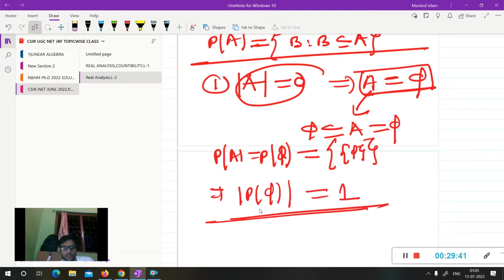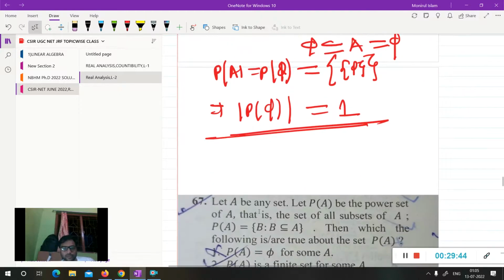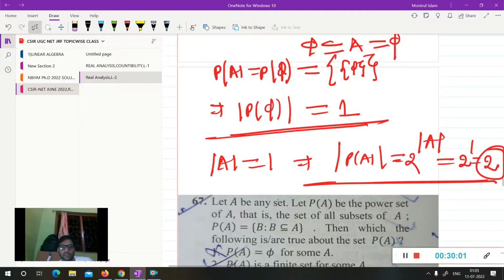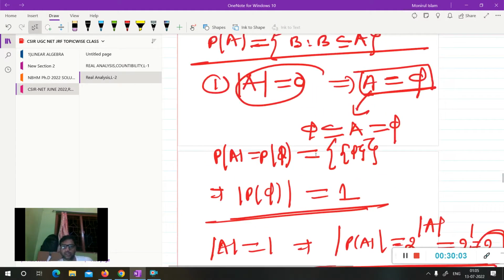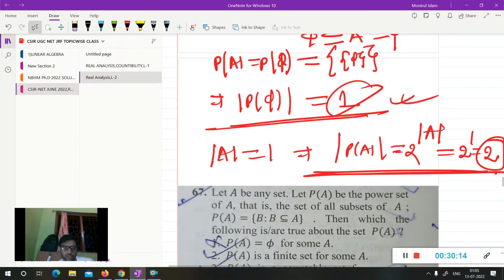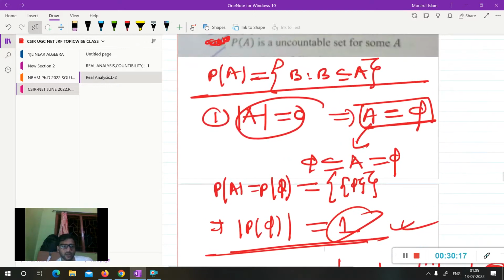But if it is not the empty set, say A contains 1 element, then using the formula, the cardinality of P(A) will be 2 to the power of the cardinality of A. From here, 2 to the power 1 is 2, so this contains 2 elements. So if the set contains 0 elements, meaning A is phi, then the power set contains 1 element. But if it contains one or more elements, then the power set contains more than 1 element. So the power set is never empty. Power set contains at least 1 element. Even if A is the empty set, the power set also contains 1 element.